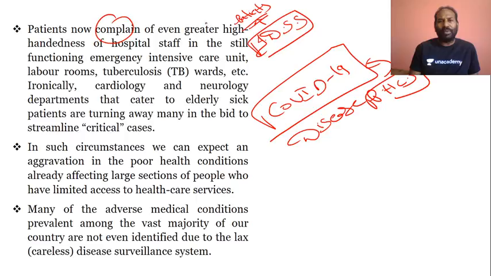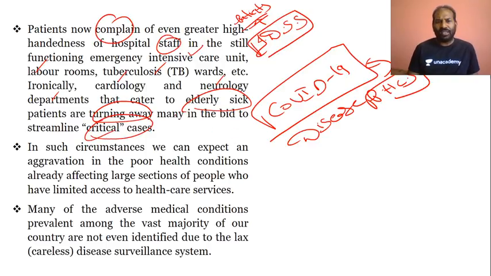What the patients complain about now is the high-handedness, the command by the hospital staff in going ahead with the intensive care unit, the emergency intensive care unit, labor rooms or TB wards, etc. Why? Because the cardiology and neurology departments that cater to the elderly sick patients are not now turning away the critical cases.